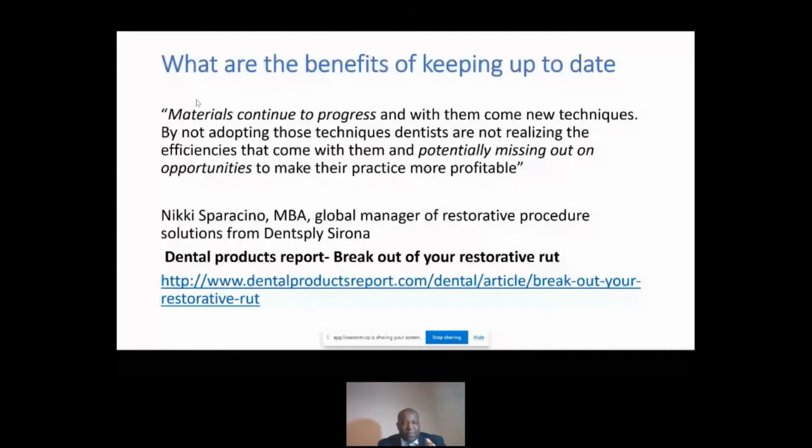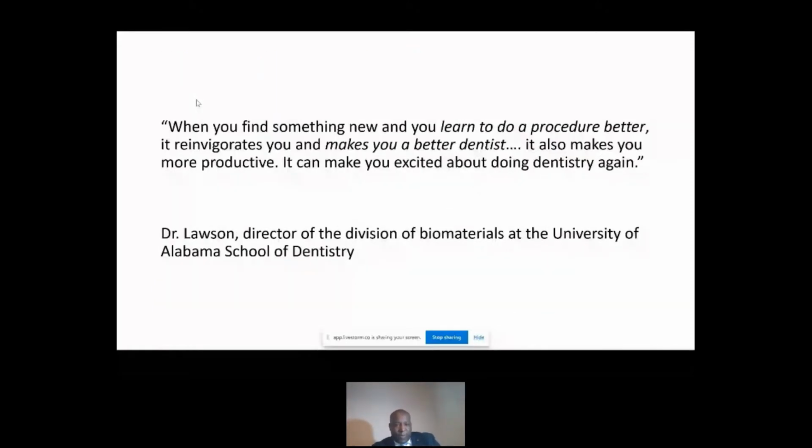Another benefit of making the time to keep up to date and learning procedures is summed up by Dr. Lawson. And isn't it true, when we learn something new, not just talking about dentistry, how does it make us feel? Don't we feel better? But particularly with dentistry, if we're not careful, it can become quite mundane, seeing the same patients year in, year out.